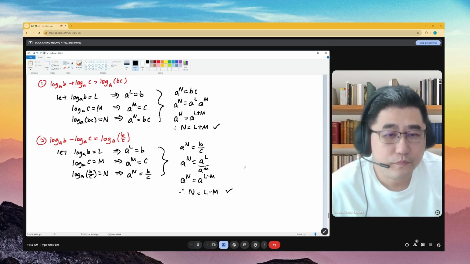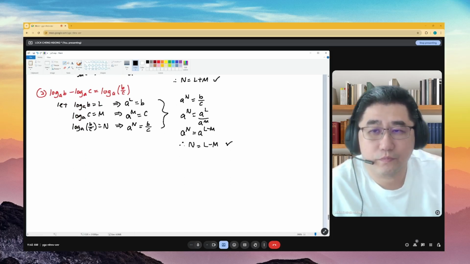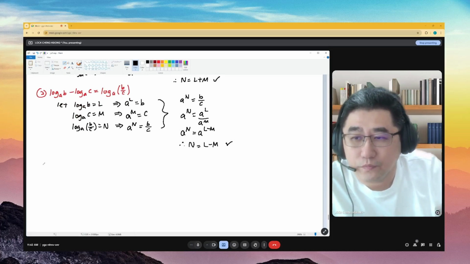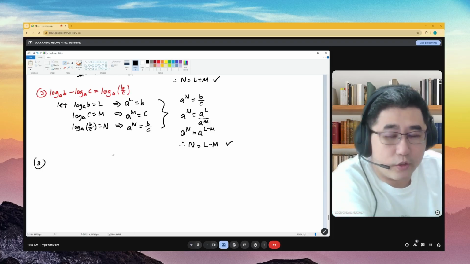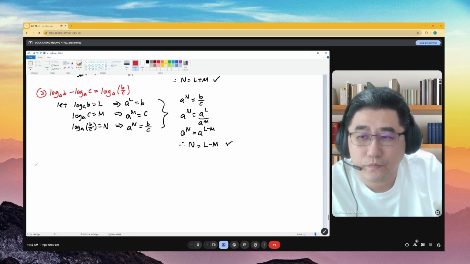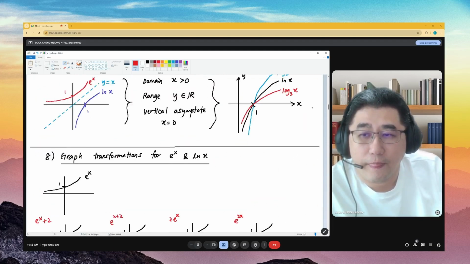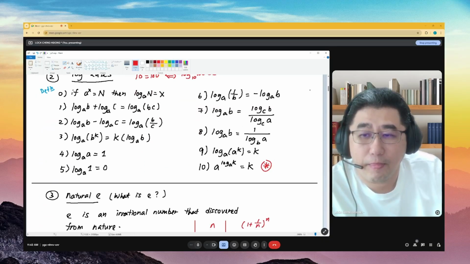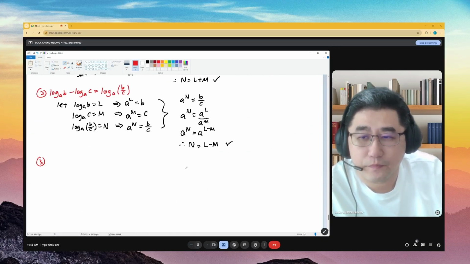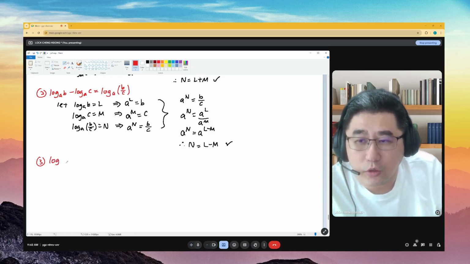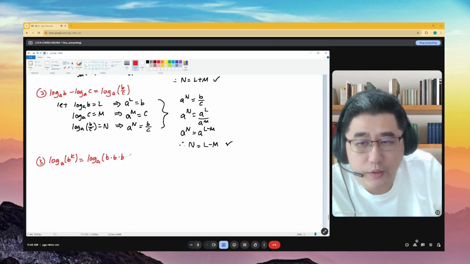Okay, number 3 is log_a of b^k. Here b power k means you have a lot of b's multiplied together: b times b times b, a lot of them.